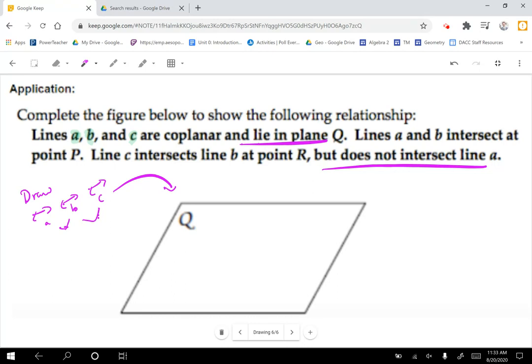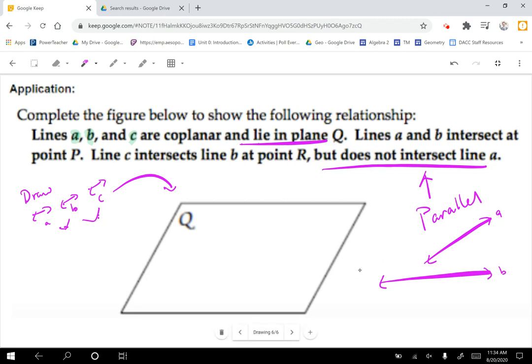So the reason why I wanted to go over this one is because of this right here. If it does not intersect, there's only one situation in which that can possibly happen, and that is if we are parallel. So parallel lines are the only lines that don't intersect. If we had an example of two lines, we'll call this line A and line B, you might say, those don't intersect.